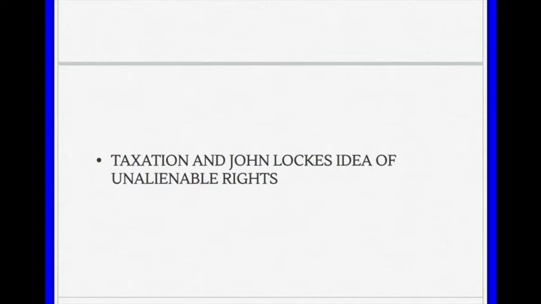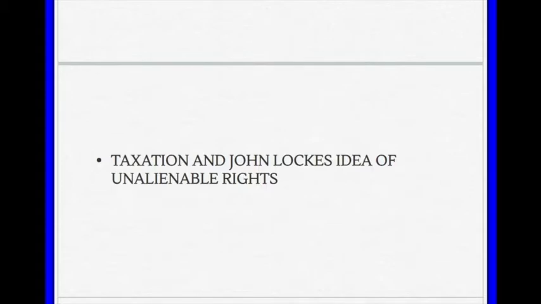Locke argued that individuals had unalienable rights. Unalienable rights are rights that are so basic that you can't give them away, and the government or anyone else can't take them away. He didn't mean that the government had to give people property or help them acquire property, just that when they got it, they had a right to keep it.